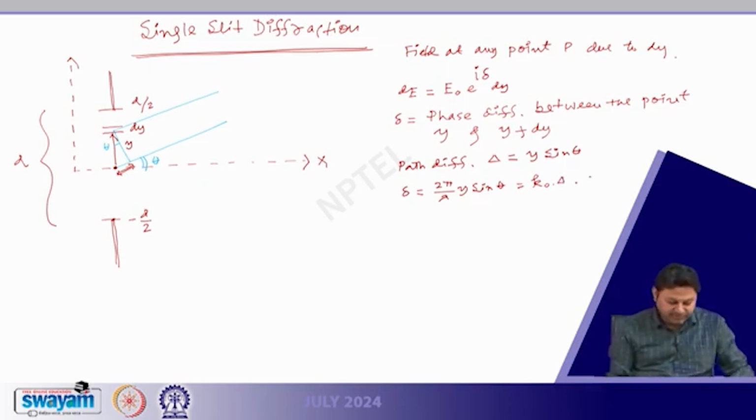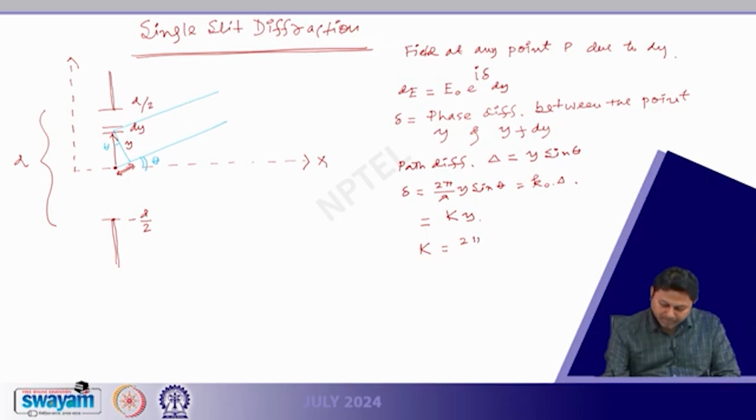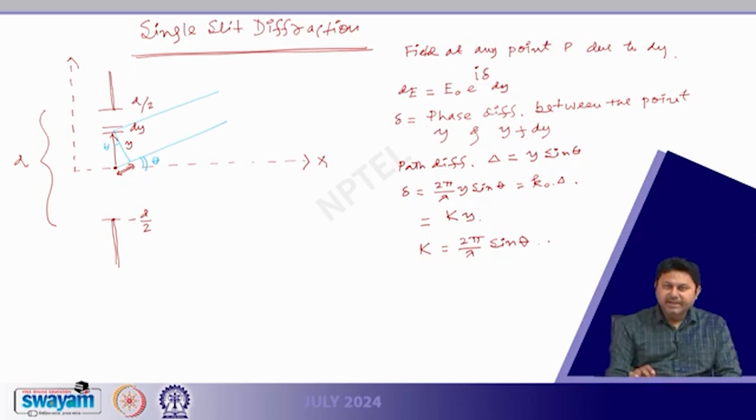So, I calculate the phase difference and that is this. I can write this also as big K multiplied by y, where big K is 2 pi by lambda multiplied by sin theta, and for a fixed angle this is constant. Okay. So, now this is the contribution of dE.